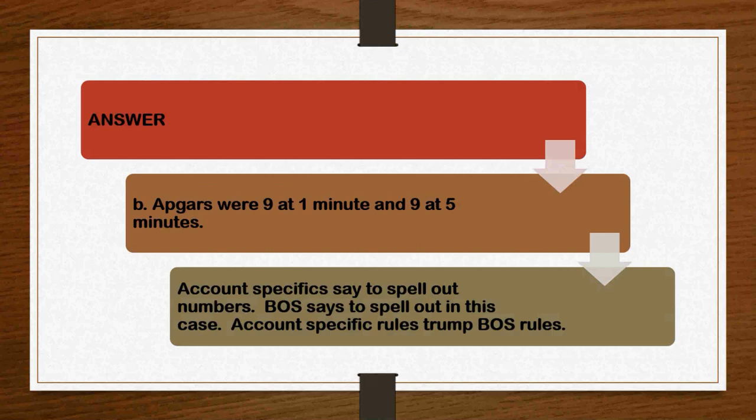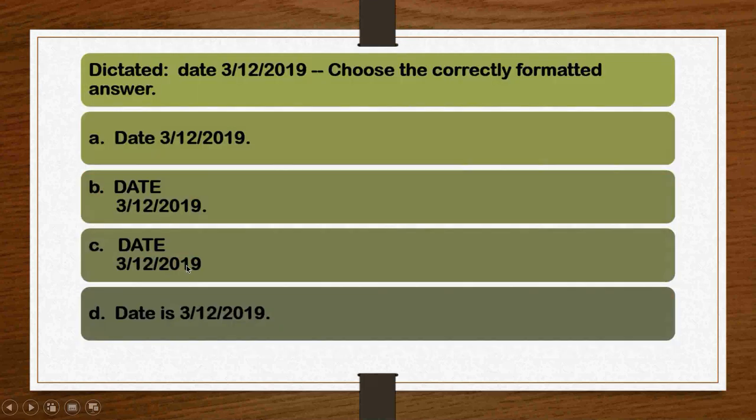So account specifics say to spell out, I have that backwards, I apologize, to use the numbers. And Book of Style says to spell out. And account specifics rule, they trump Book of Style rules. You use the numbers. We use Arabic numerals in our course. So I apologize, you guys. Do not spell out, in other words.